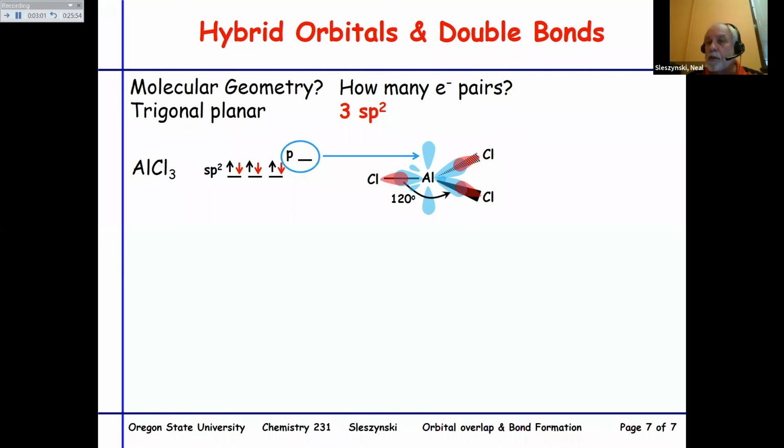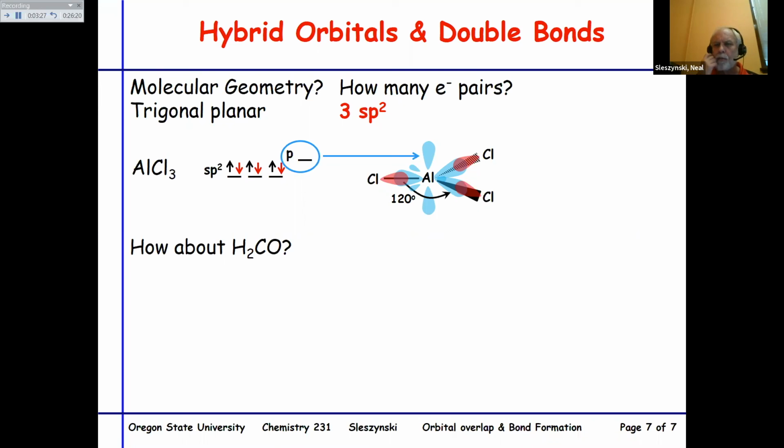Because there are no electrons in it currently, there's no repulsion, but the orbital is still there. And it turns out, if we look at the reactivity of aluminum chloride, its reactivity is determined by that empty p orbital. If it's going to react with something, it's going to react with a molecule that has an extra electron pair that it can insert in that empty orbital.